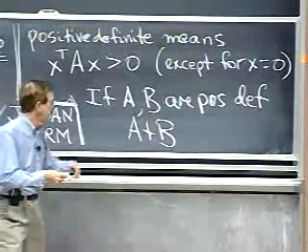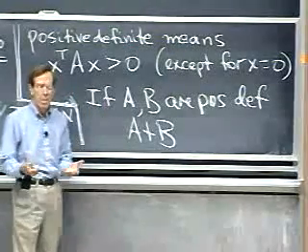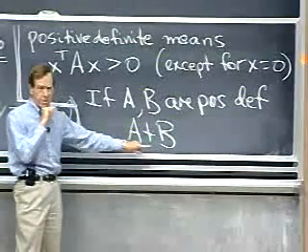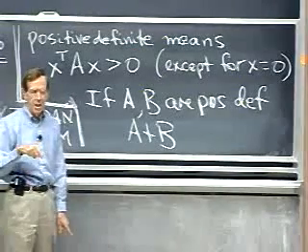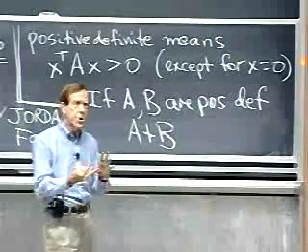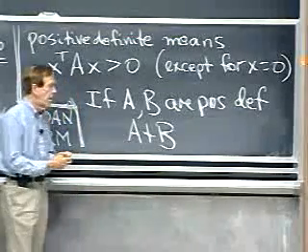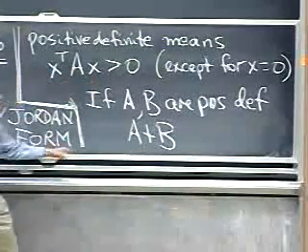Positive definite for a matrix is kind of like positive for a real number. But we don't know the eigenvalues of A plus B. We don't know the pivots of A plus B. So we just have to go down this list of, all right, which approach to positive definite can we get a handle on? And this is a good one.